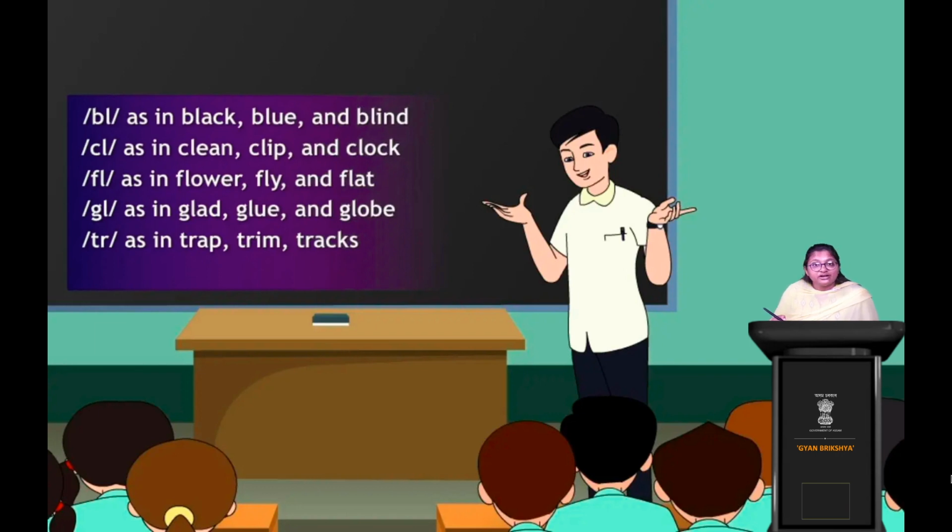I told you trigger. Can you frame any other word? Trust. Yes, very good. Now with SP: split, splash. Any other word? Yes, we have spoon. Anything else? We have spine, right? Okay.